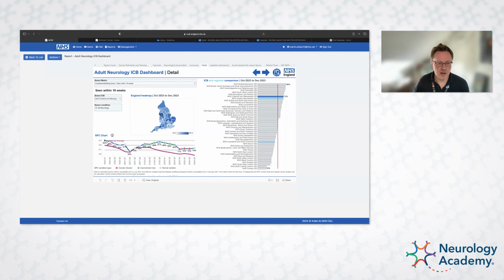And you can look at how it's changing over time. A lot of these, so this one is, you can immediately see the impact of the pandemic, where the percentage of people we were seeing within good time frames dropped dramatically and recovered, and then has dropped again as we and everyone else struggles with the backlog.